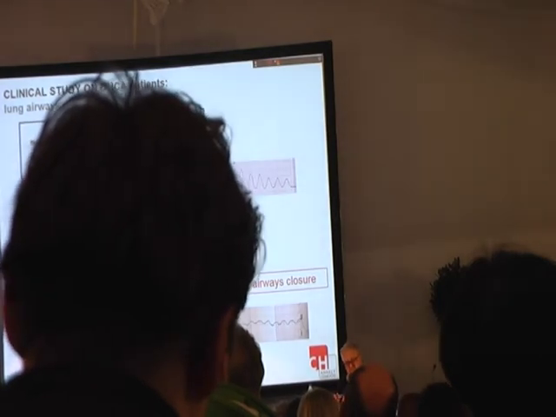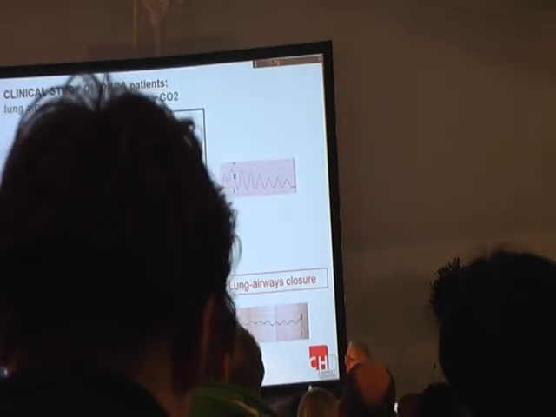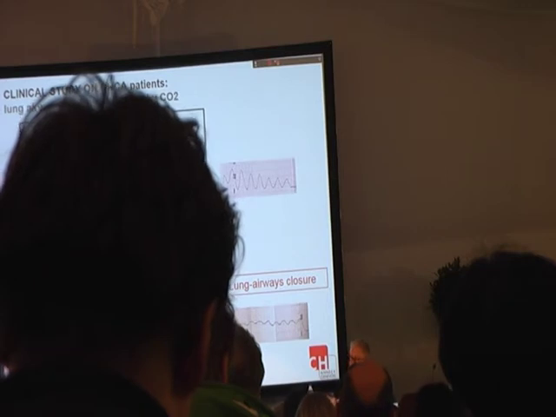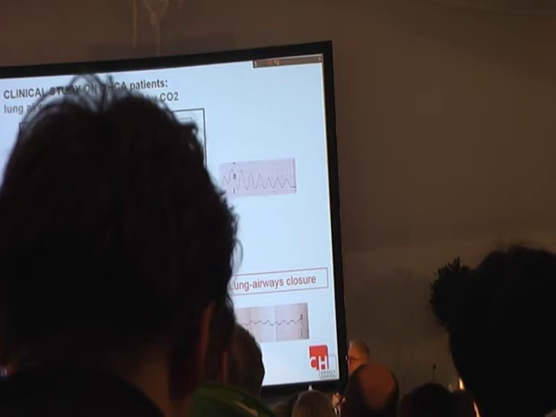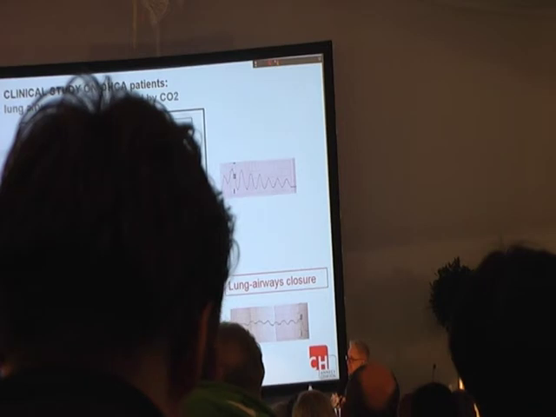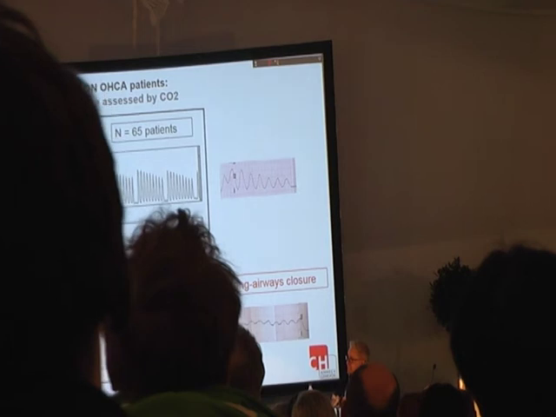This is, of course, an observational study, and we have to complete that. And interestingly, but it's a very small series of patients with shockable rhythm, all of these patients with shockable rhythm have open airways. None of the shockable rhythm patients have closed airways.